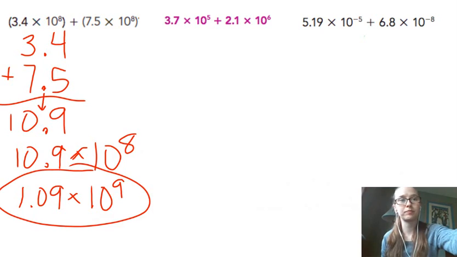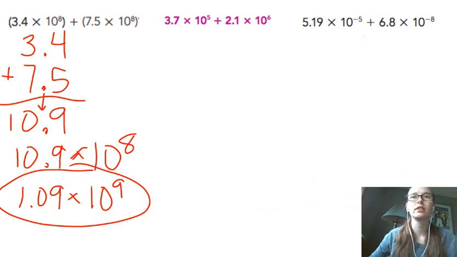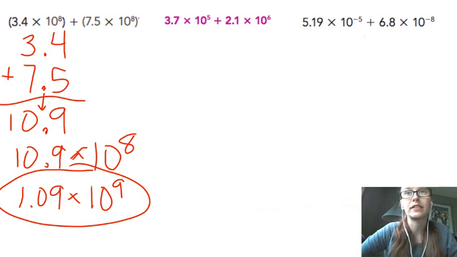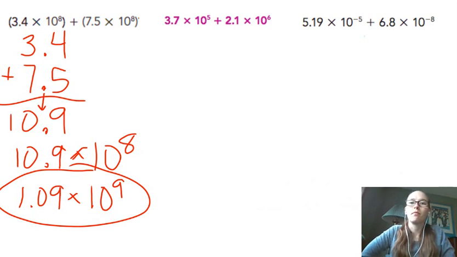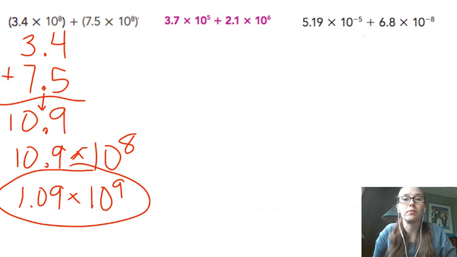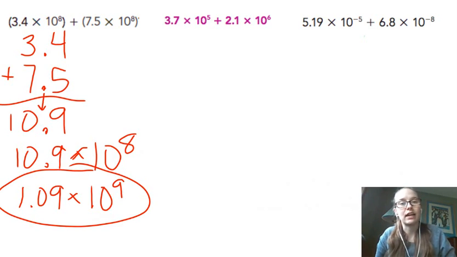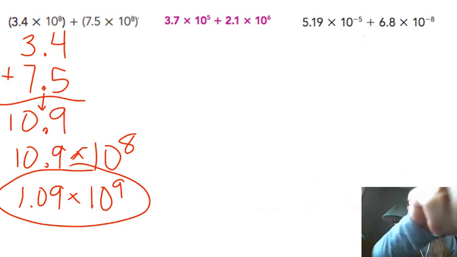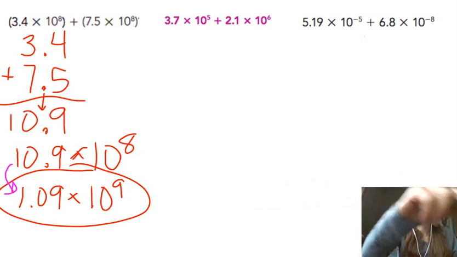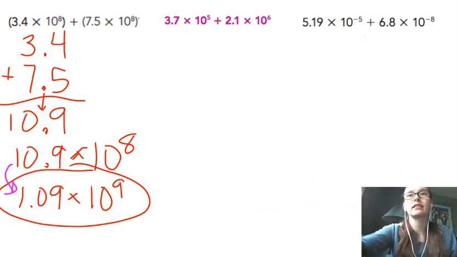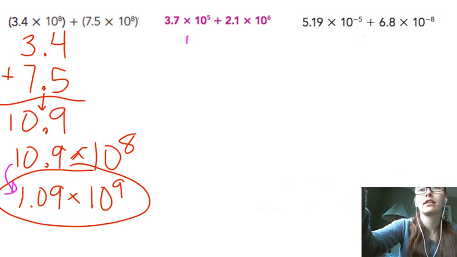This middle one in purple, I notice that I have an exponent of 5 and an exponent of 6. What I like to do is I try to match the exponents to the bigger one. That way the end result, I am less likely to have to convert into scientific notation like I had to do here. So between 5 and 6, 6 is bigger.